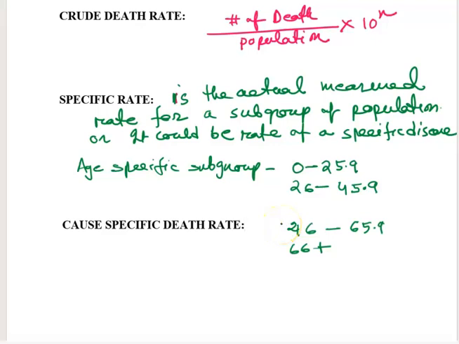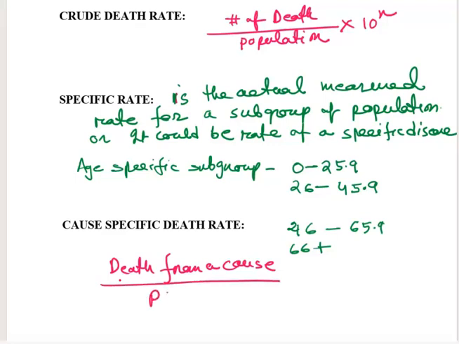For example, the cause-specific death rate. The cause-specific death rate formula would be deaths from a specific cause of disease, it could be diabetes mellitus, for example, or breast cancer, etc., divided by total population.